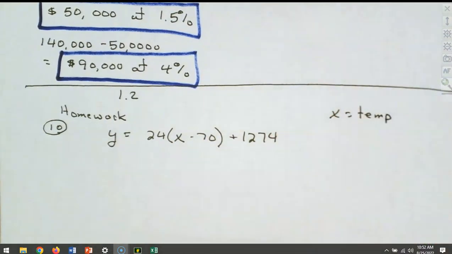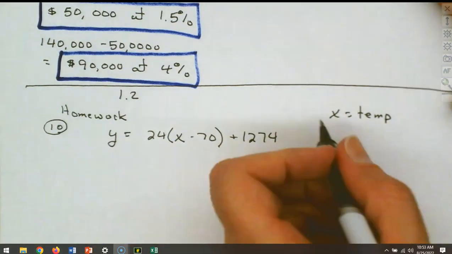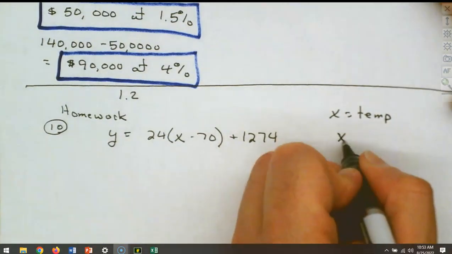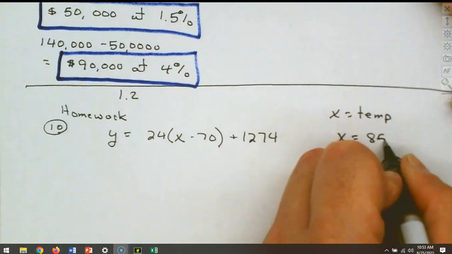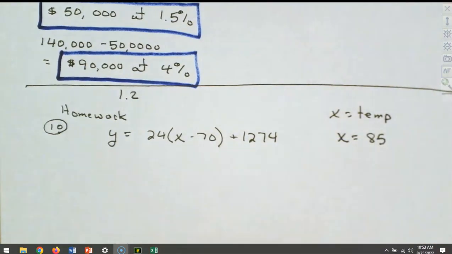Now, all we need to do on this one and 9 as well is plug in the number. Okay, so we are given a temperature of 85 degrees. So that means we're going to have to plug in the 85, right? So all you need to do is plug in the number for the variable that they give you. So we're looking at the temperature. We're going to try to find the number of vacationers.